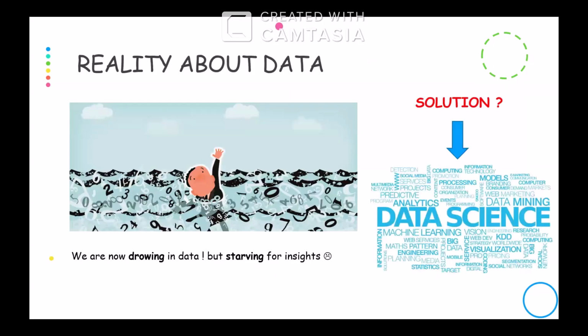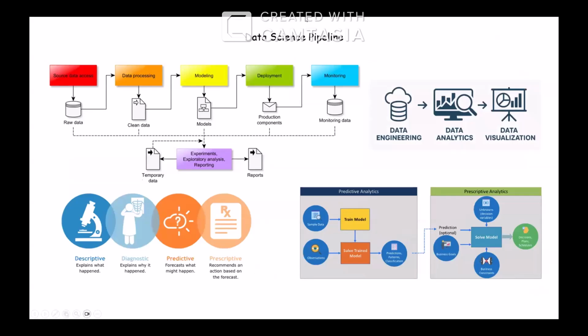So what is the solution for that? That solution is called data science. As per the definition of data science, there are a lot of phases we need to understand.